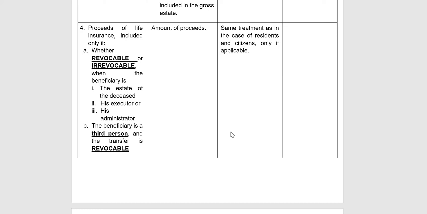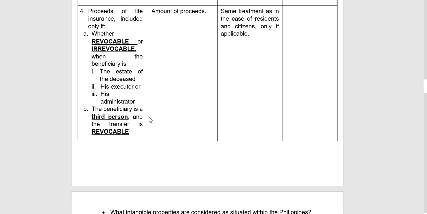The proceeds of life insurance depend on whether it is revocable or irrevocable, and on who the beneficiary is. If the beneficiary is the estate itself, the executor, or the administrator, it is included in the gross estate, whether revocable or irrevocable, or even if the problem is silent.